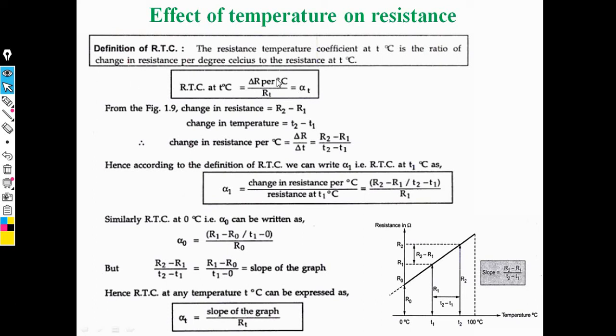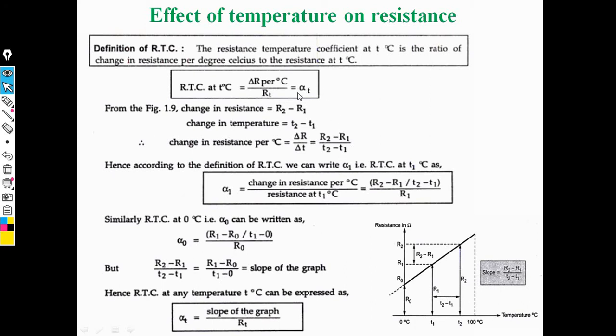Then change in resistance is R2 minus R1, change in temperature is T2 minus T. Resistance temperature coefficient is the ratio of change in resistance with respect to temperature, that is change in resistance per degree Celsius is del R upon del T, that is R2 minus R1 upon T2 minus T.